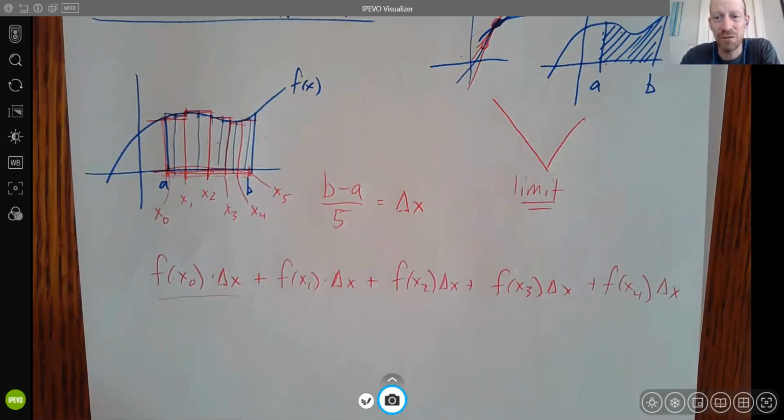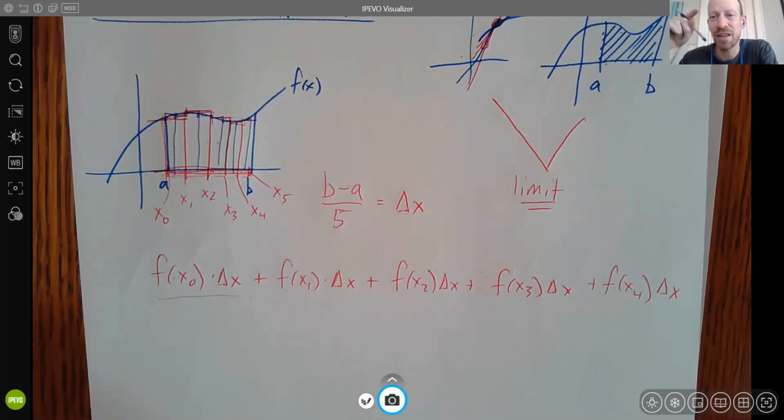Well, sure, why not do 20 or 100 or 1,000? With a computer, that's no problem to do those calculations. But still, those are all estimates. Now, the important thing is that those estimates are getting closer and closer to the true area. Every time I add more rectangles, I cut out some error. That means it's getting closer and closer to the true value.